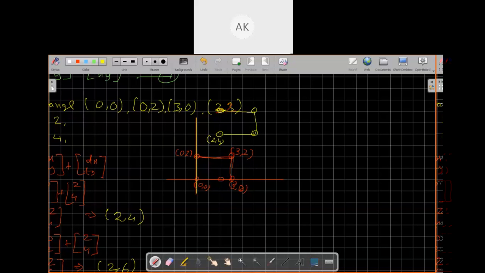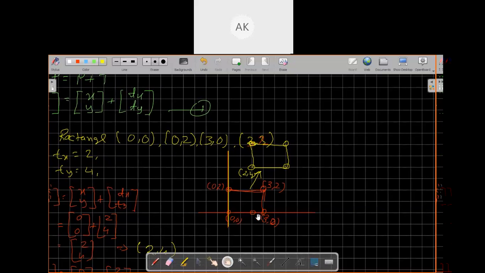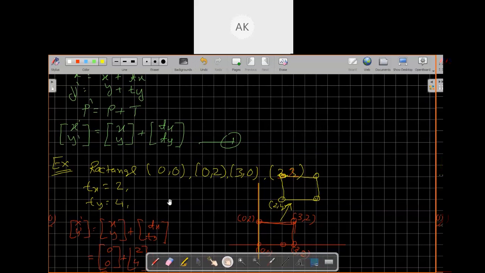So 2 4 and 2 6 are at this location. The next points are 5 4 and 5 6: 1 2 3 4 5, 6 here, and 5 4 here. After translating this object, it will shift from this position to this position.